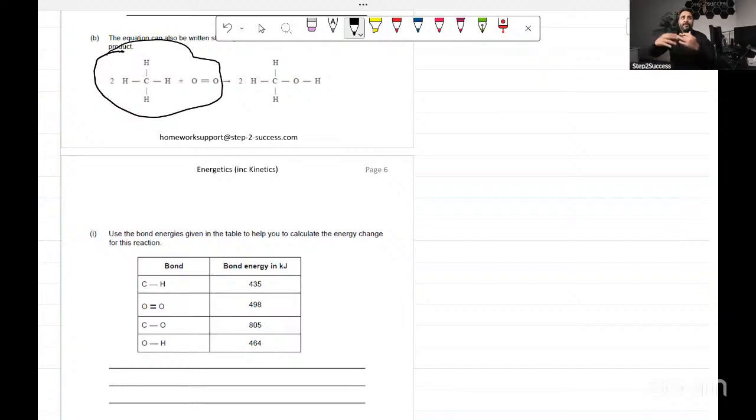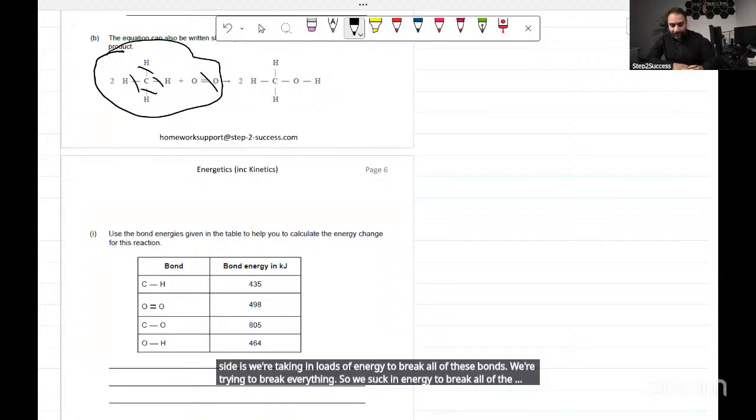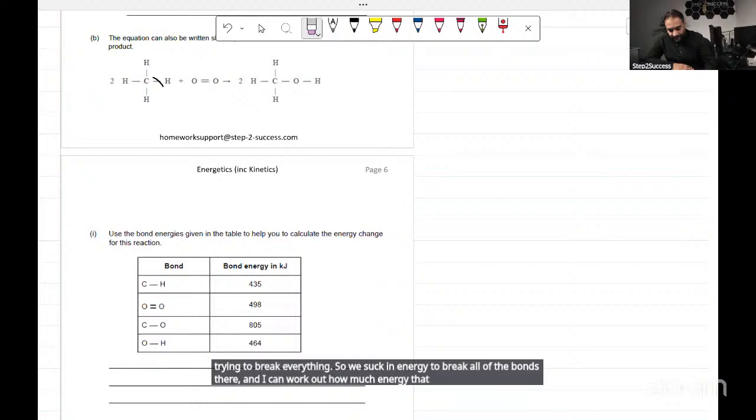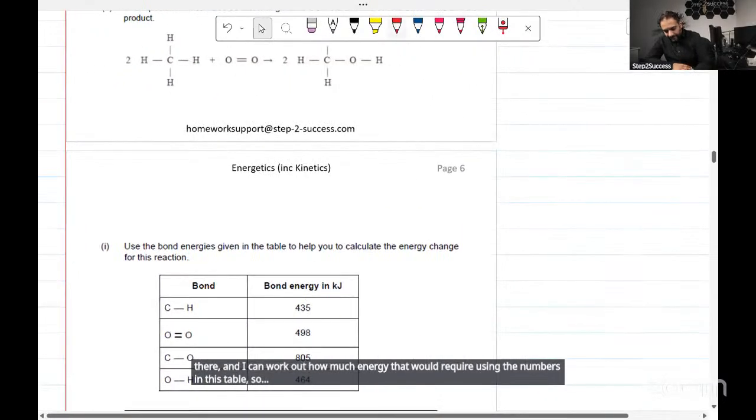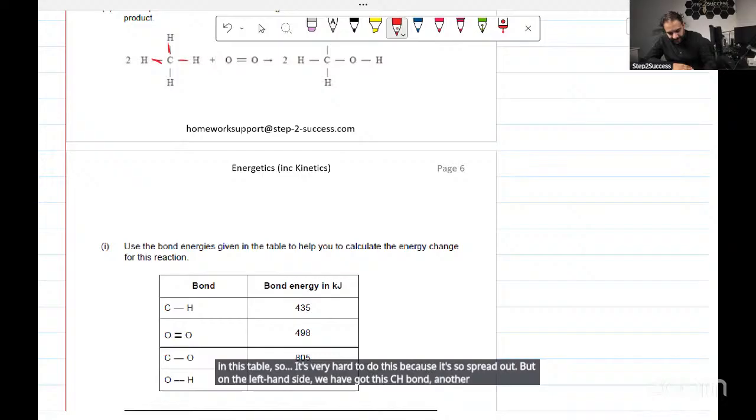And remember, just to go technical into this, what we're doing on the left-hand side is we're taking in loads of energy to break all of these bonds. We're trying to break everything. So we suck in energy to break all of the bonds there, and I can work out how much energy that would require using the numbers in this table. It's very hard to do this because it's so spread out. But on the left-hand side, we have this CH bond, another CH bond, another CH bond, and another CH bond.